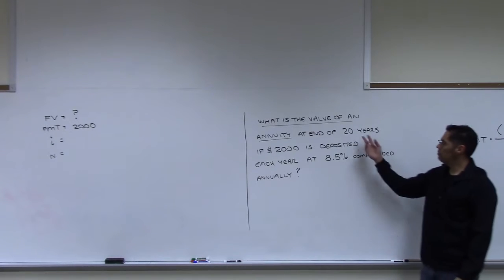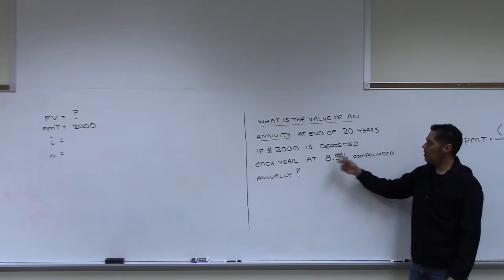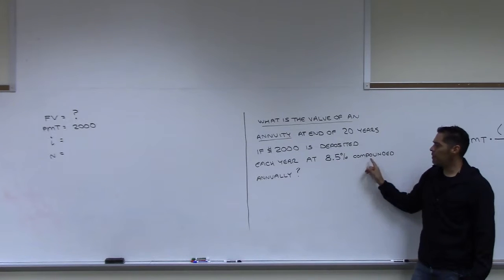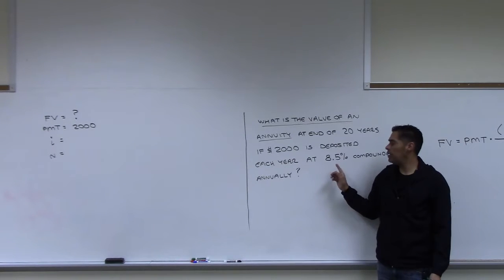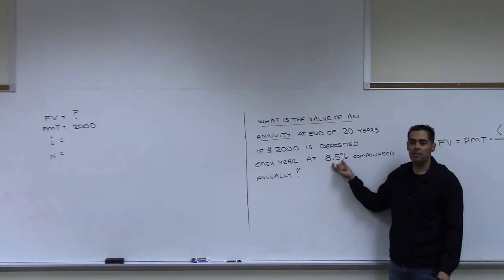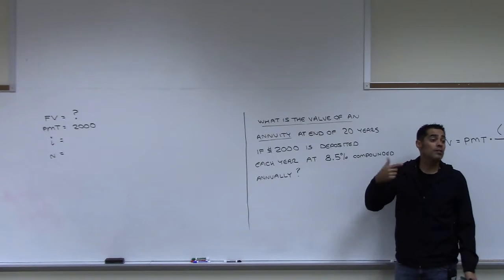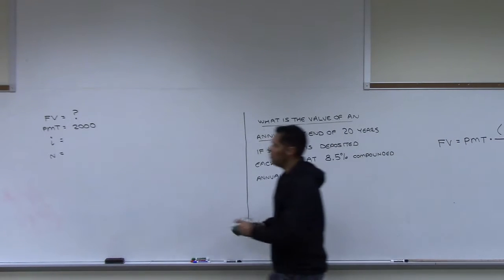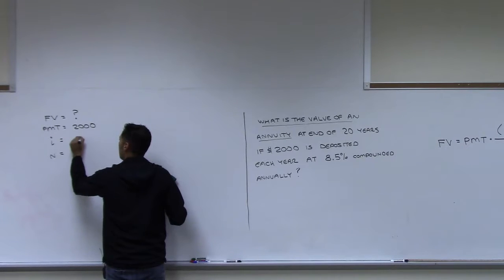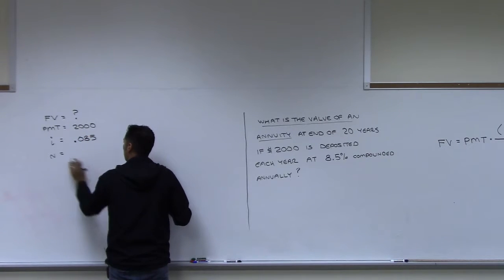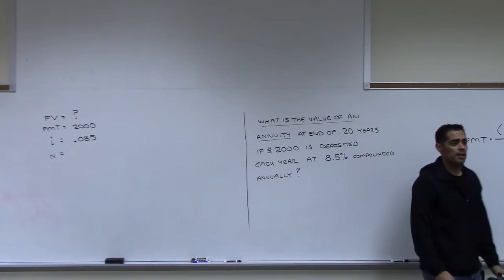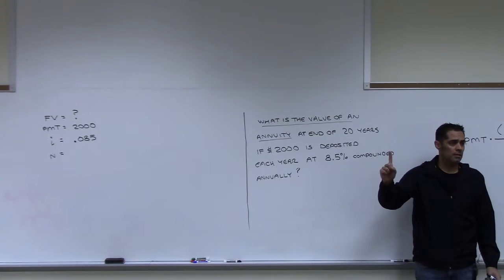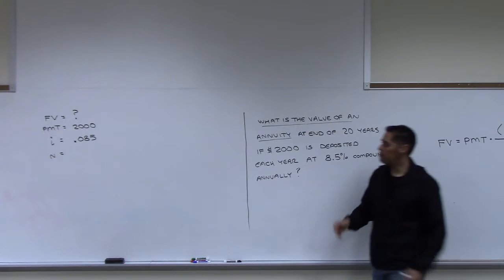So we're doing it every year, right? We're depositing it each year, and the interest rate is compounded once a year, annually, right? So our interest rate per period should just be this, 8.5%. Converted to a decimal, though. So it would be what? 0.085. And then N is the number of periods, 20, because I'm doing it once a year, right? Once a year for 20 years. So this is going to be 20.